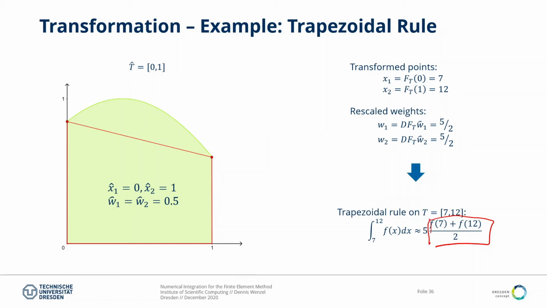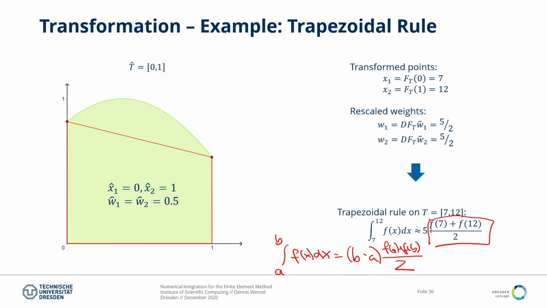If you look at some numerics textbooks, you will always find the trapezoidal rule written in a similar way to this: an integral from a to b of some function f of x can be written as b minus a, and then f of a plus f of b over 2.